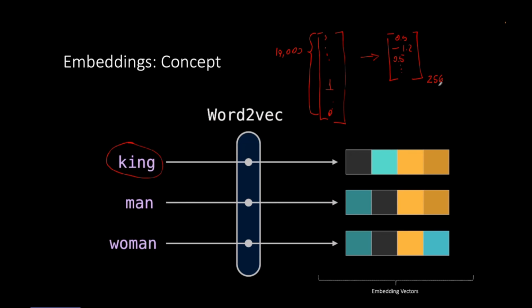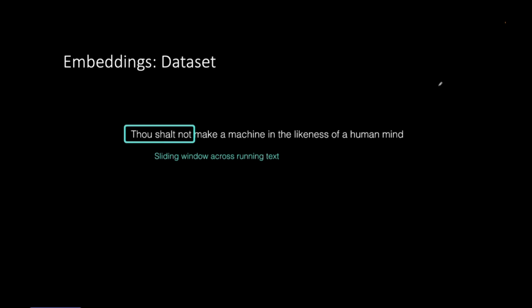How do you create an embedding? How do you make these vectors? How do you assign them? Well, the concept is that you start by building a data set, and then you train a model to create those vectors. So how do you create a data set? Well, you start with a sentence, let's say, and then you have a sliding window.